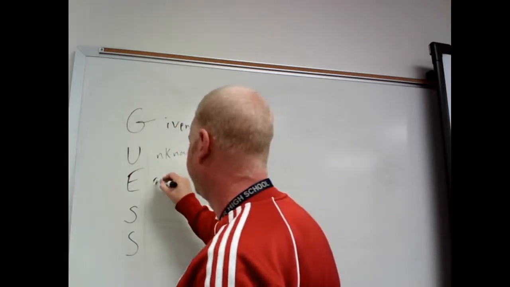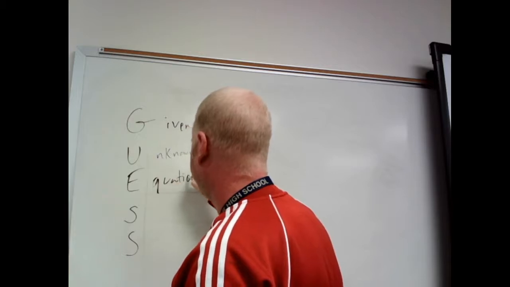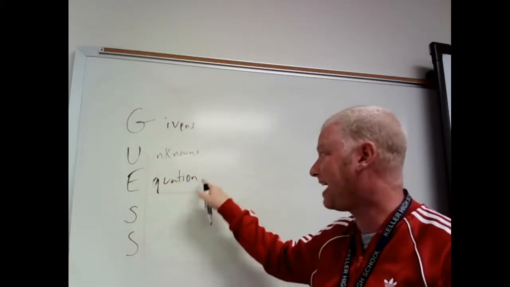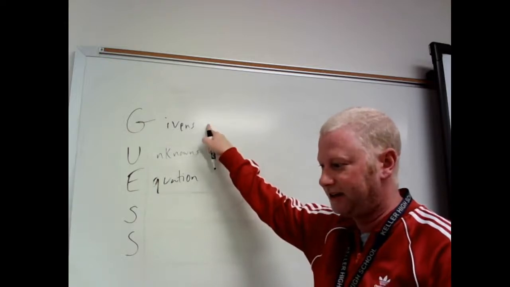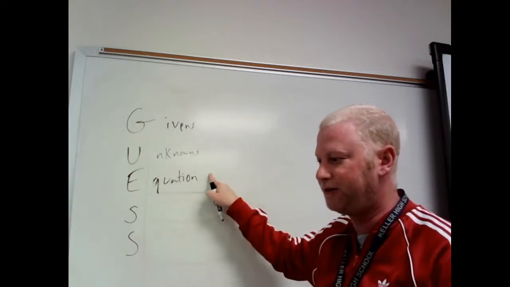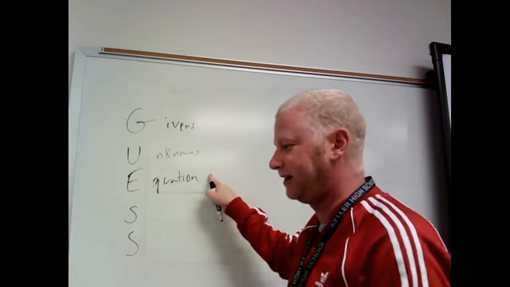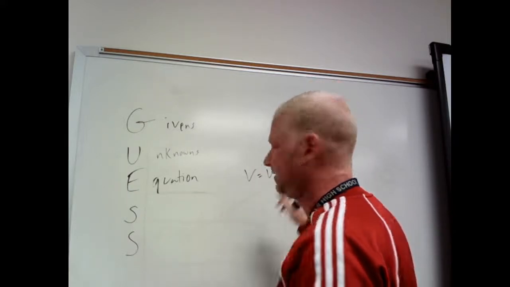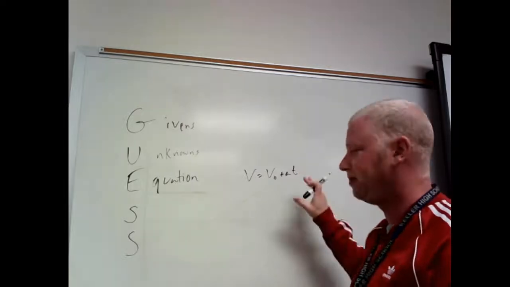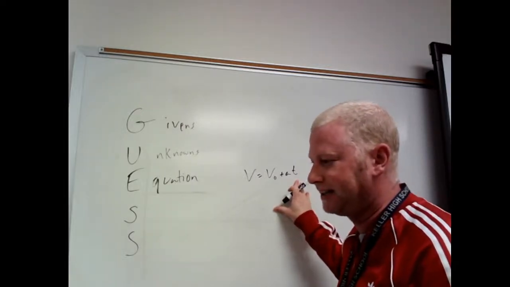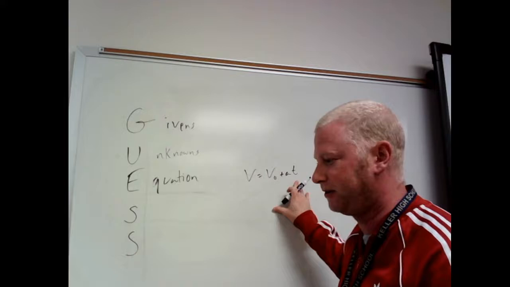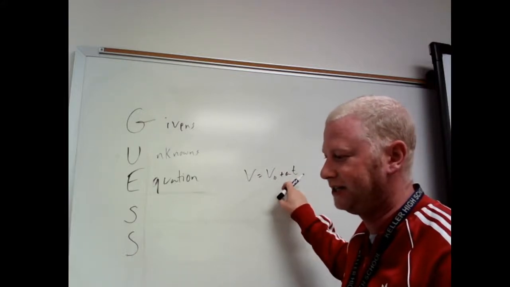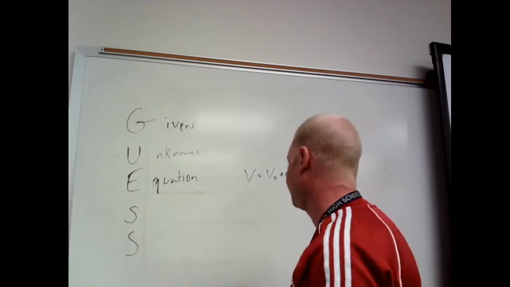Third, write down the equation you plan to use. Now this equation does not have any of these plugged in. Do not plug your givens in. Just show me the bare naked equation, something like V equals V naught plus AT. So your equation with nothing plugged in. Because I can guarantee you in every single AP problem, there is a point dedicated to just showing the equation with no numbers.